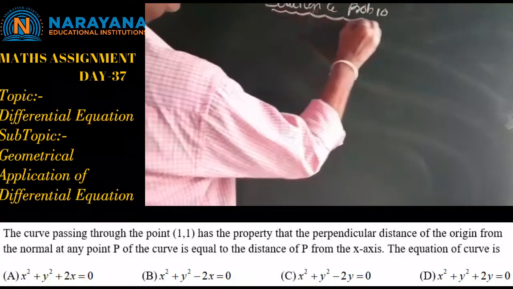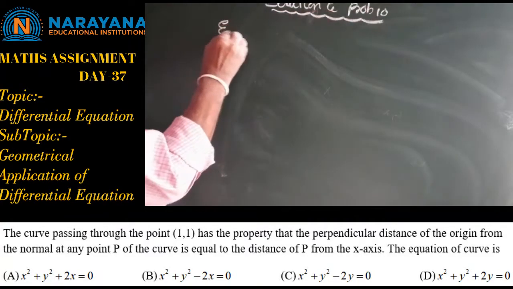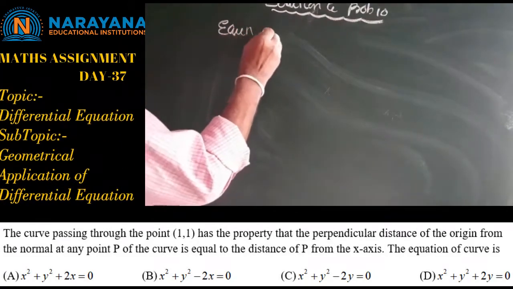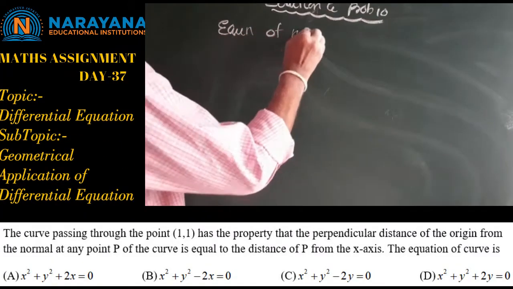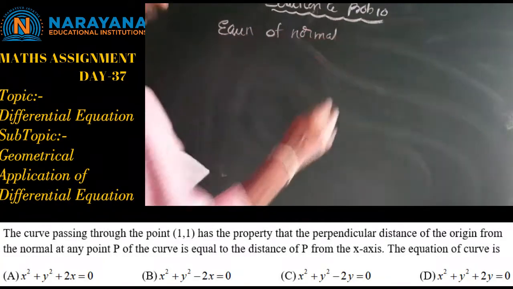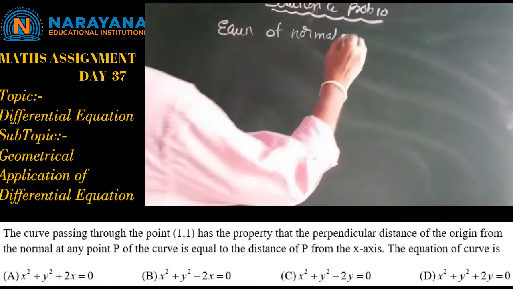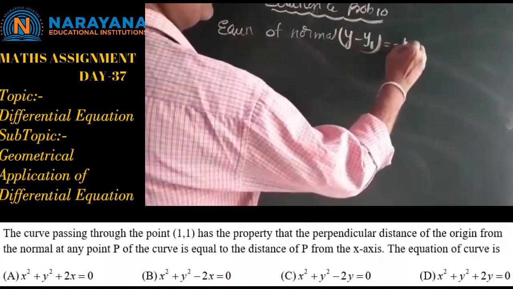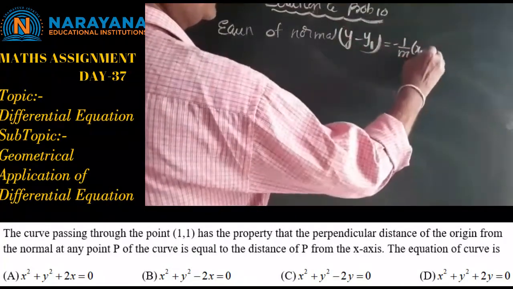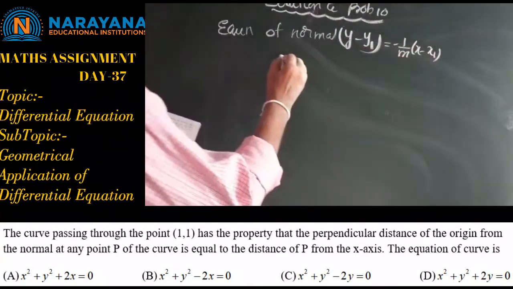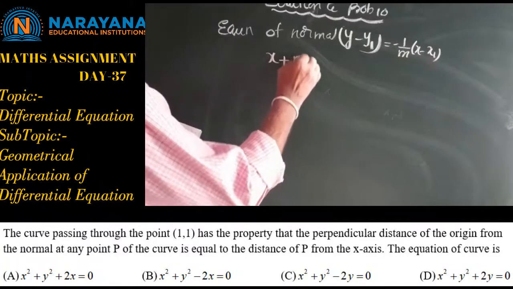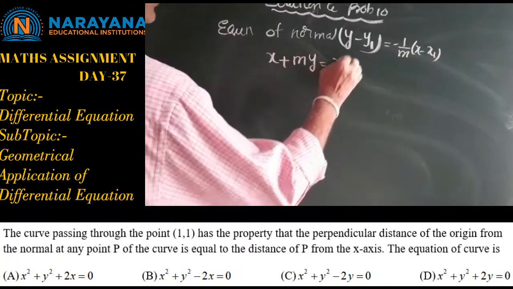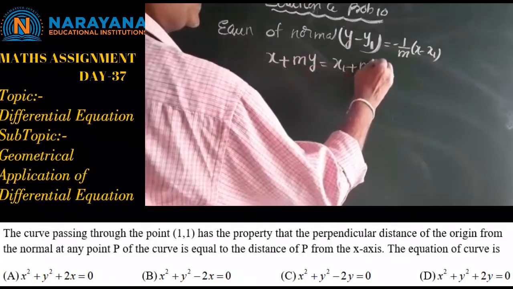First we write the equation of the normal. The equation of the normal at any point x1 comma y1 on the curve is y minus y1 is equal to minus 1 by m into x minus x1. After simplification, we can get x plus my is equal to x1 plus my1.